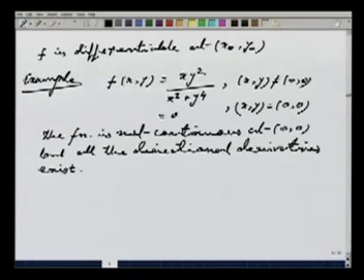So in particular, the partial derivatives exist, that is in the direction of x and y. But then the function cannot be differentiable simply because the function is not continuous. If f is differentiable, f had to be continuous. But this function is not differentiable because it is not continuous at 0, 0. But see, all the directional derivatives exist.